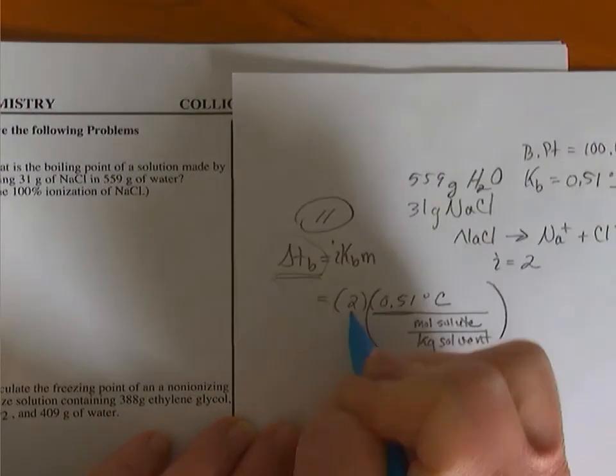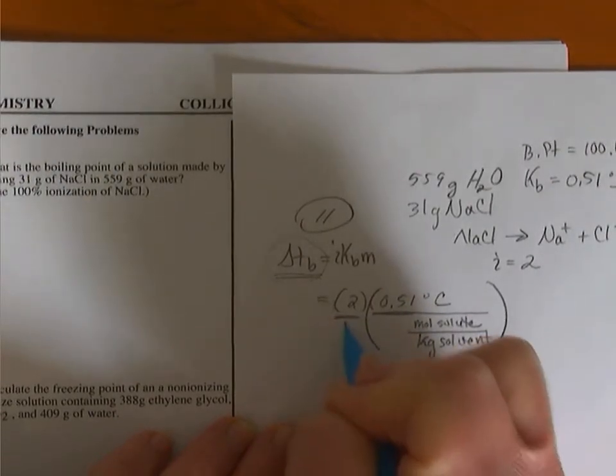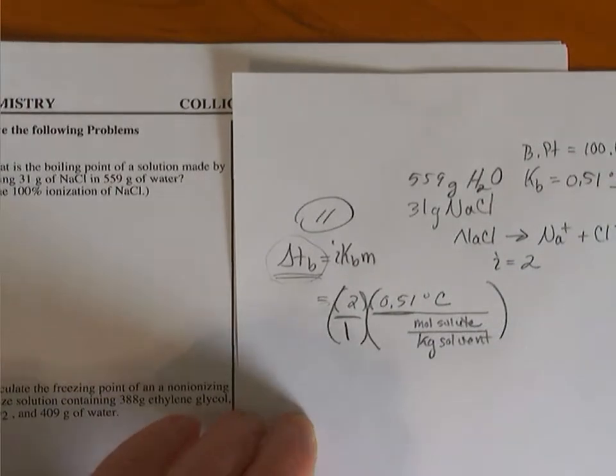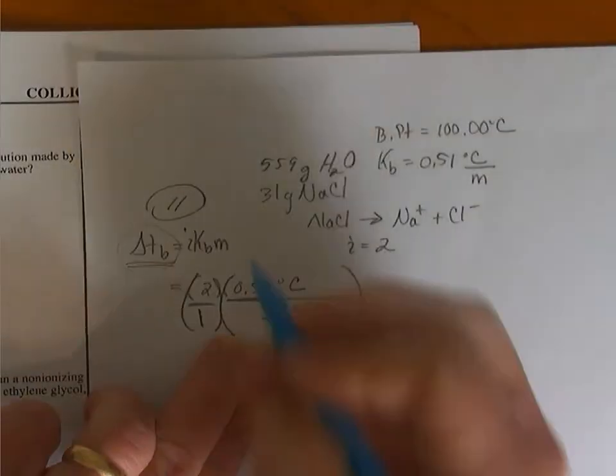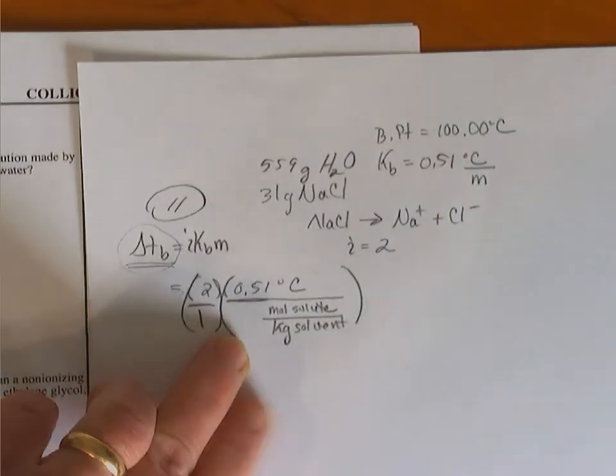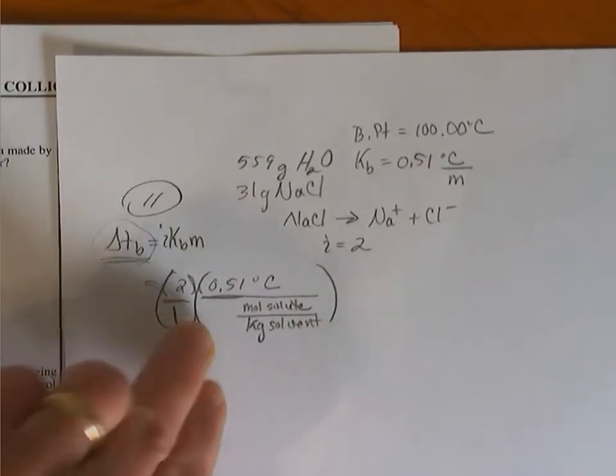If you want, you can put this over 1 so we can see the conversion factors that are emerging. I'm not overtly given the molality, but I do have everything that I need to find it.